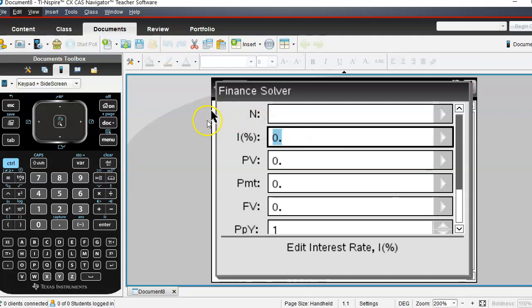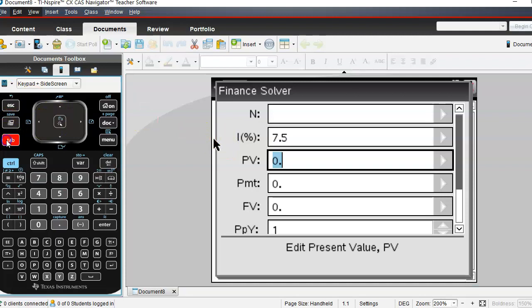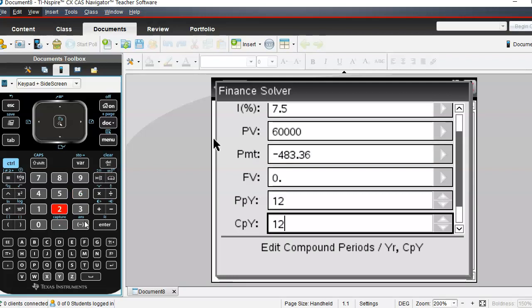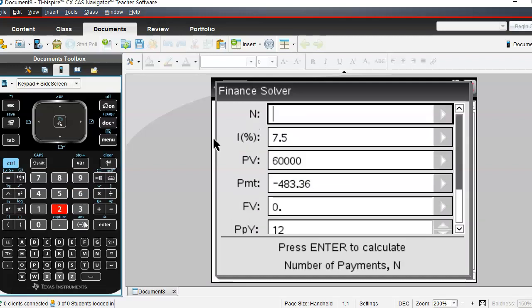Then you hit tab to go down, so that's 7.5, tab, 60,000, tab, negative 483.36, leave future value as 0, change that to 12, and the CPY will change automatically as well, leave that as end. And so that's the one I want to calculate.